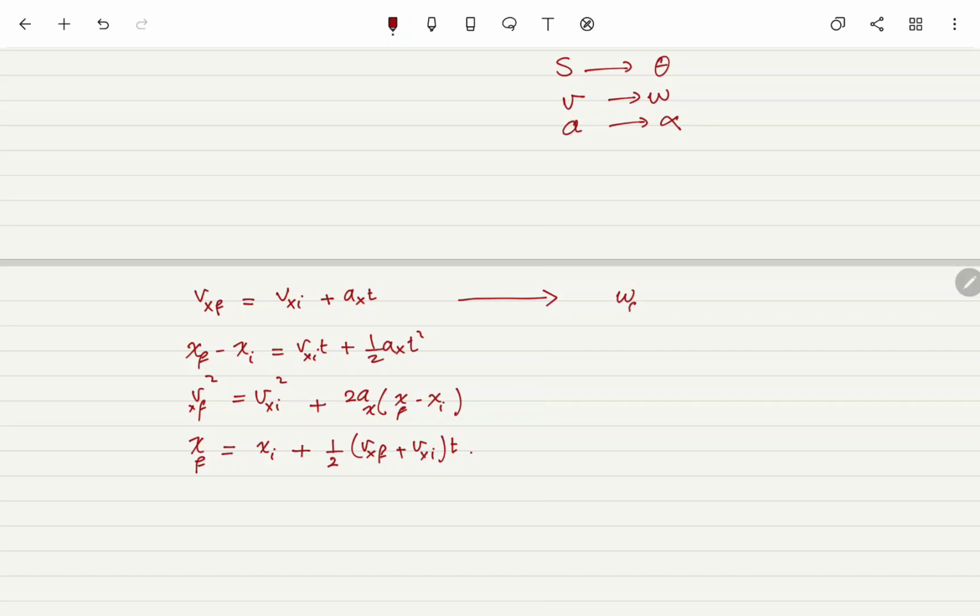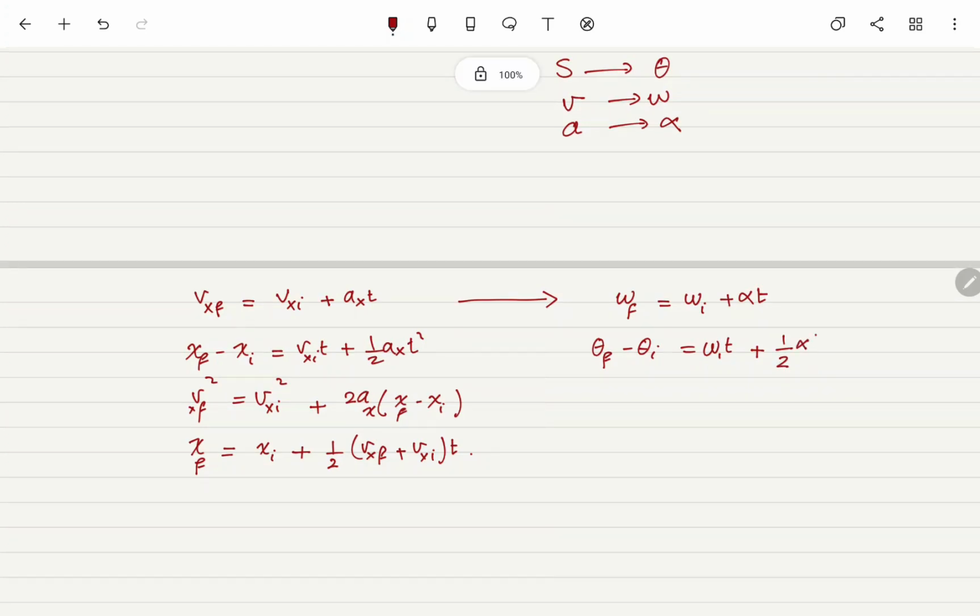So omega final equals omega initial plus alpha t, and in this one, theta final minus theta initial equals omega initial t plus half alpha t squared.